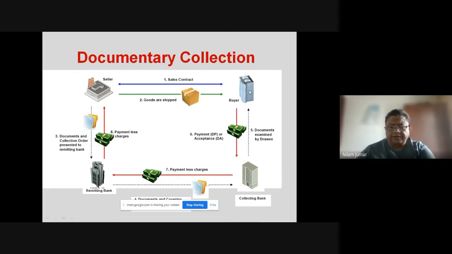Instead of coming to pay the bill, which is documents against payment, documents against acceptance means that after the relationship they decide, the exporter will give some credit, say 60 days. So he'll come, and instead of paying, he will give a written undertaking or sign a bill of exchange and take the documents with an undertaking to pay after 60 days or 90 days, whatever they agree in the agreement, right?